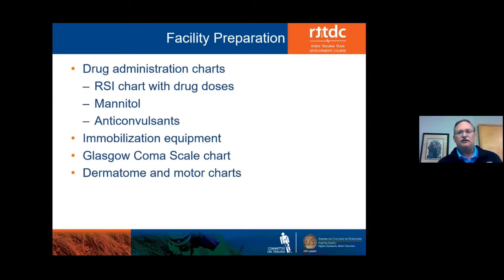It's very stressful, so the less you have to memorize, the better. So having drug dosages for rapid sequence intubation associated with patient weights, the appropriate immobilization equipment, and a GCS chart in your trauma bay are all things that will help facilitate better care of the trauma patient.